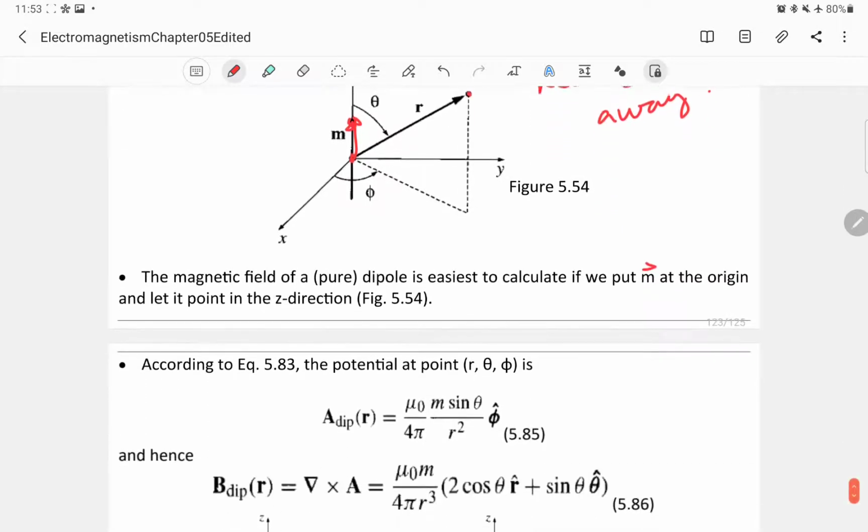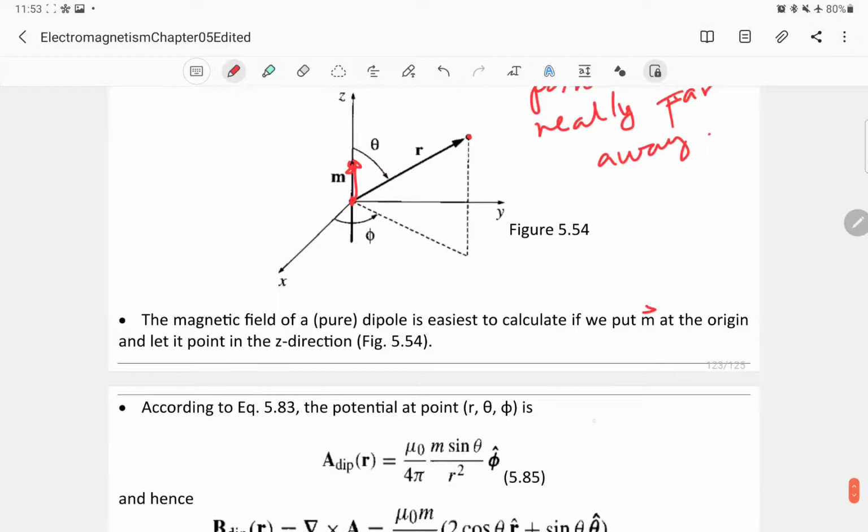So from m cross r hat, we will have m sine theta phi hat, because the angle is theta.